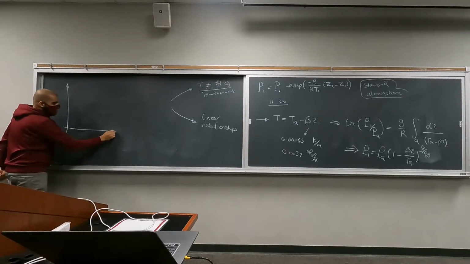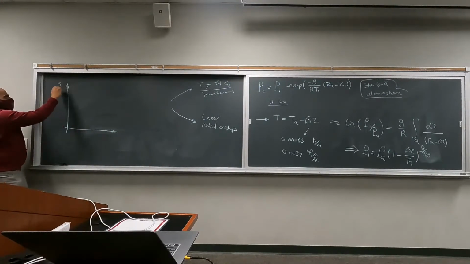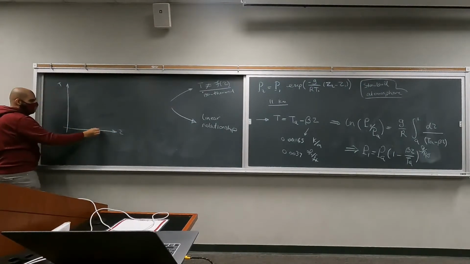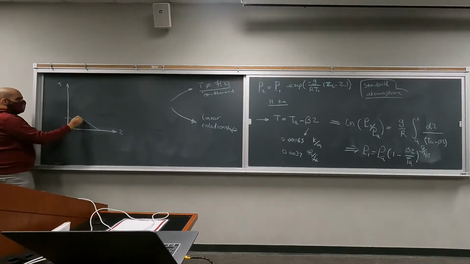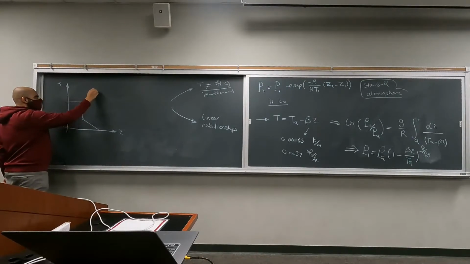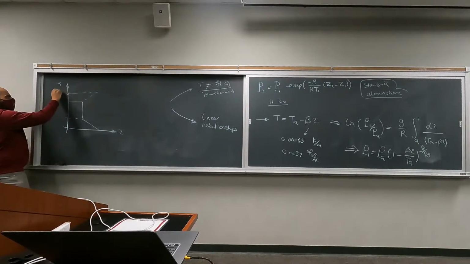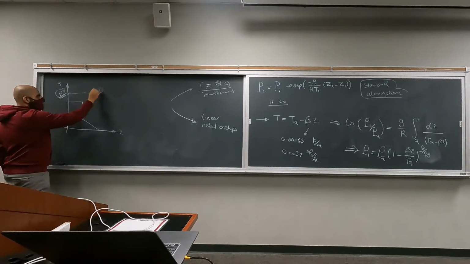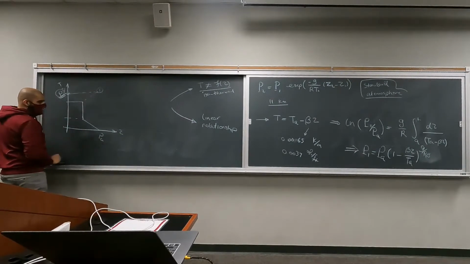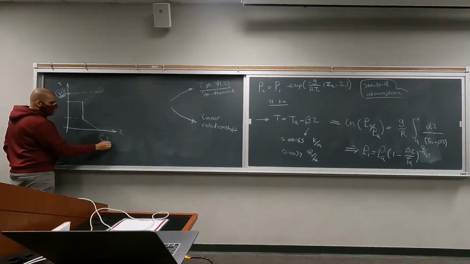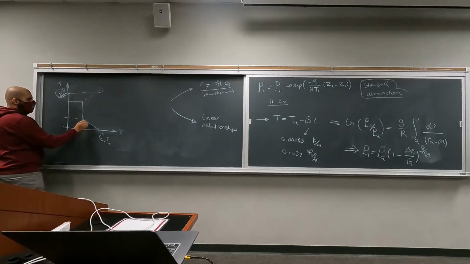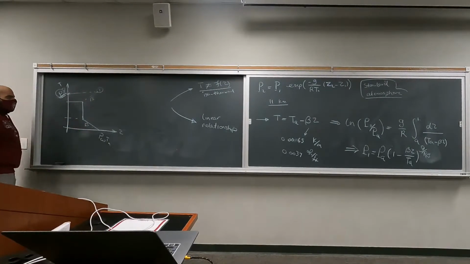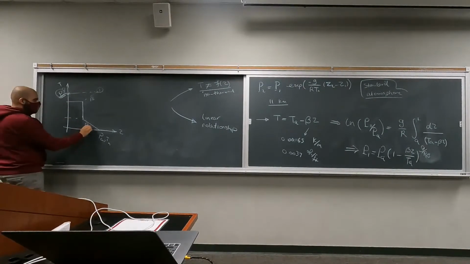So let's say temperature versus Z. And we want to find the value of pressure at this point. We only have the values here, right? PA and TA. And we have the betas, the slope of these lines.